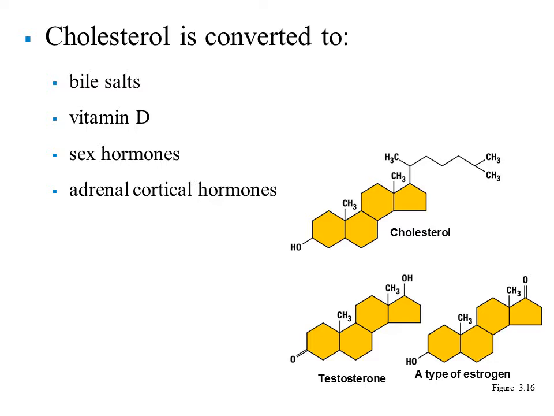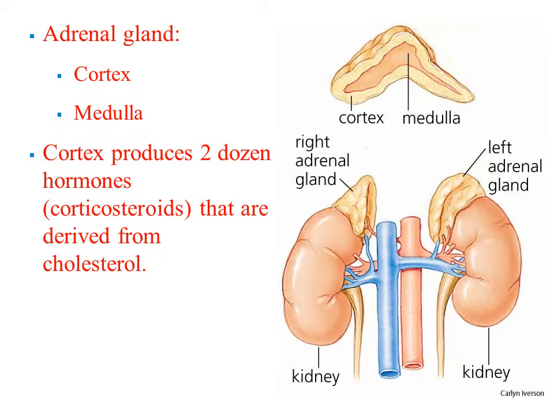So again, we're going to discuss how cholesterol can be converted into these sex hormones called testosterone or estrogen. To discuss some of these molecules that cholesterol will be turned into, we need to learn a little anatomy and physiology.